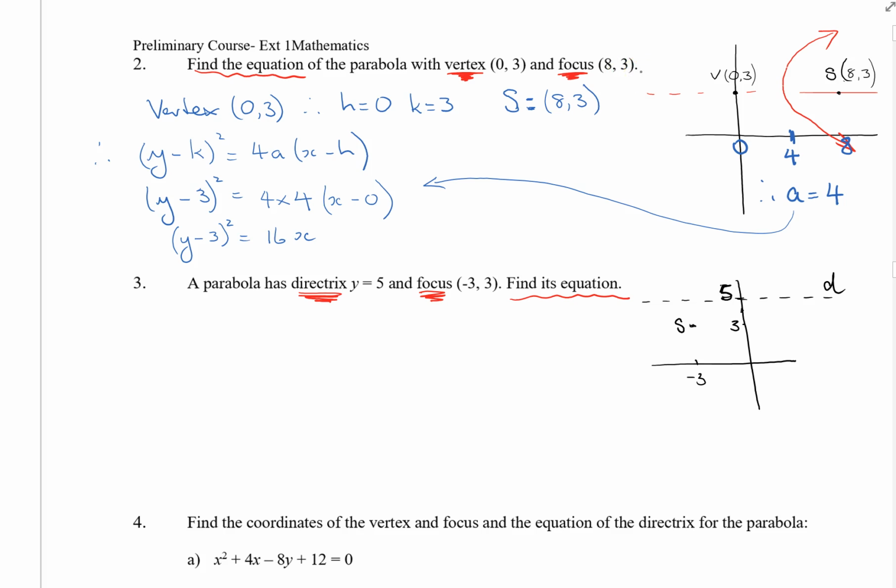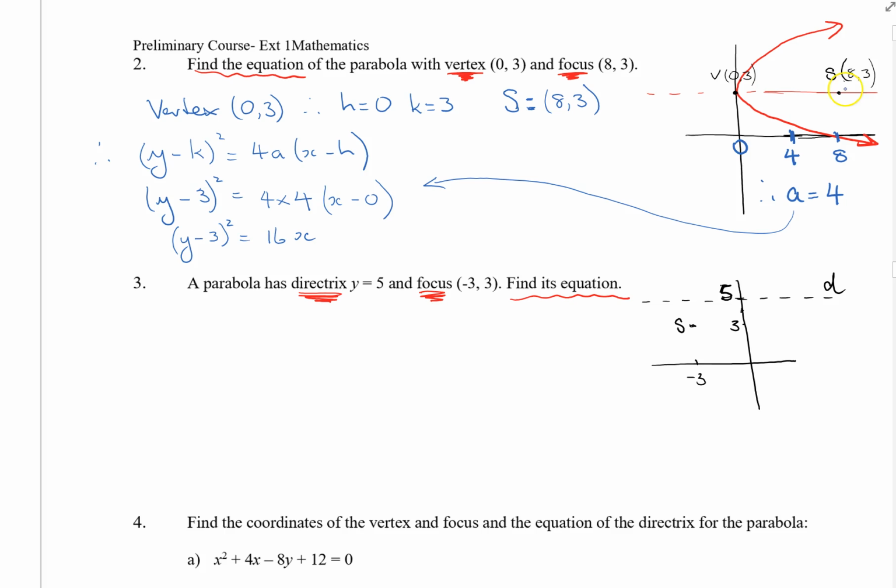So clearly, finding the equation, I'd go to my step 1, which is draw the graph. And maybe there'll be times when the graph doesn't enable you to get very far, but I would always at least start there. Sorry about that, I had the actual parabola in the wrong spot. So you might be wondering why I've drawn the parabola there, like that, knowing the vertex is 0,3 and the focus is 8,3.